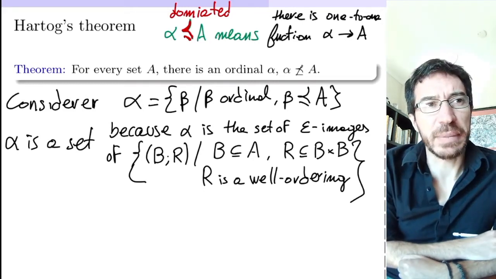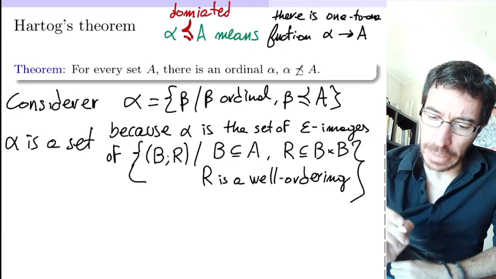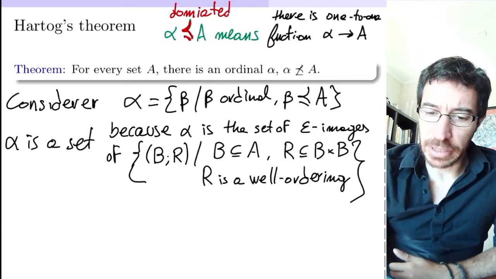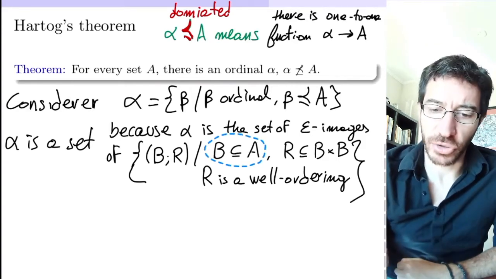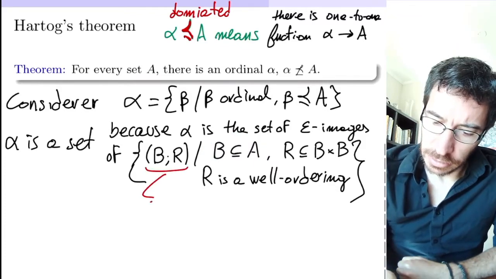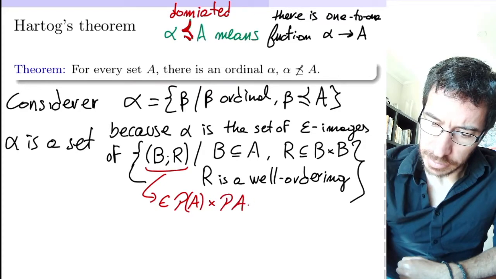So I'm claiming that if you take the epsilon images of all the pairs B, comma R, with the property that B is an actual subset of A, then these pairs belong to the power set of A cross the power set of A times A, right?